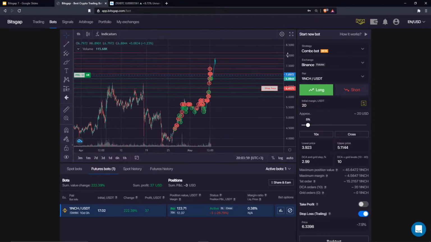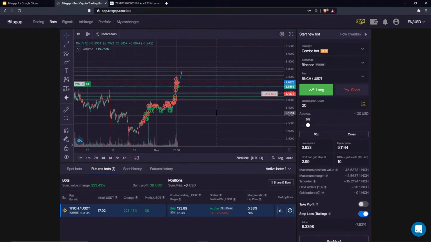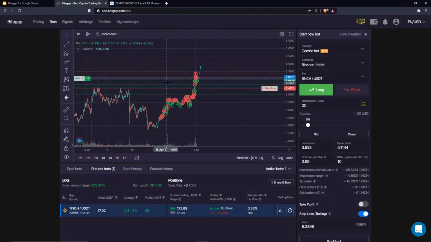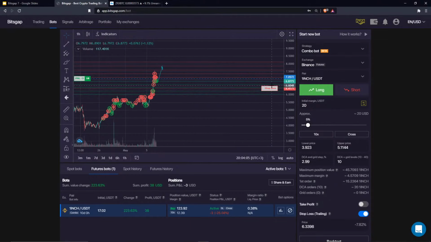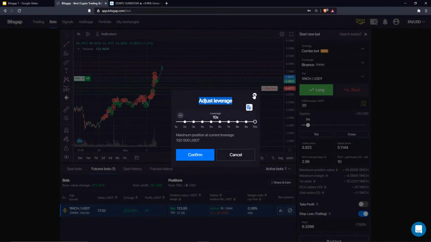Usually I tend to move it from one support line to another. As the price goes higher, I have new support levels, so I put it below the support line. So that's the option for you guys that you can consider when trading this highly risky market, which is the futures market. And the leverage here is very important, because the 20 here is actually 200, because it's 10x multiplied, because we use the leverage.